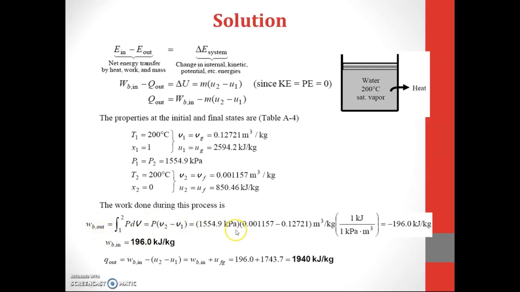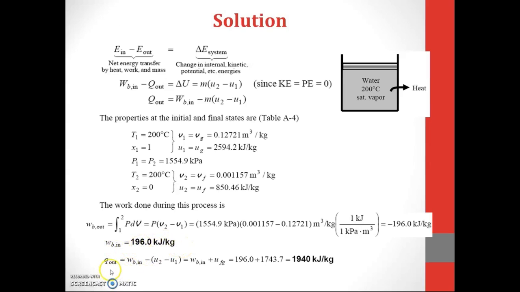When you put in all the values, what you get is negative, because you're not sure whether it is compression or expansion. Work out is negative, so it is actually work in that is positive. Work in equals 196 kilojoule per kilogram.